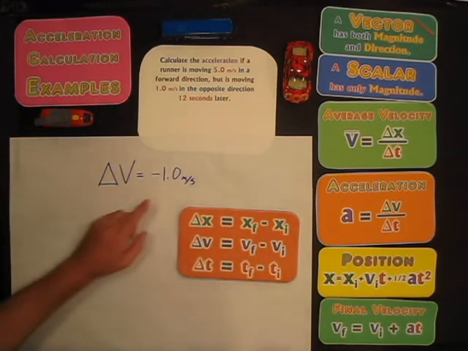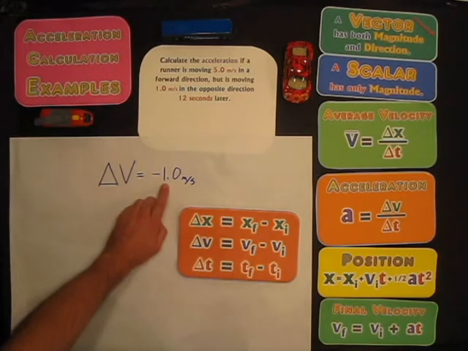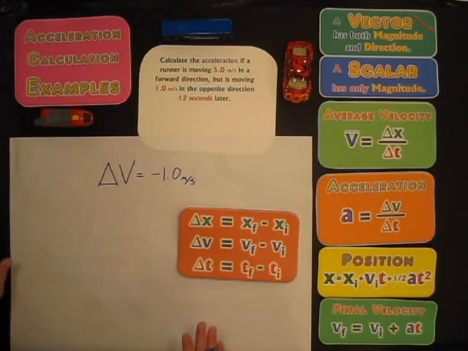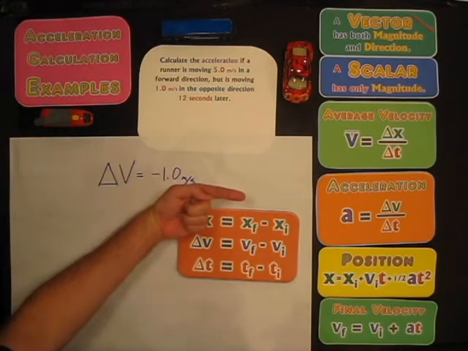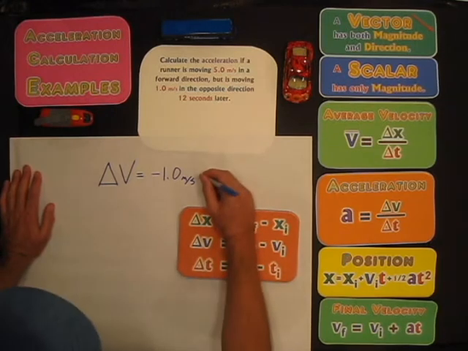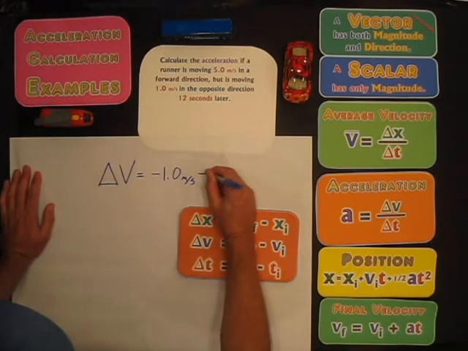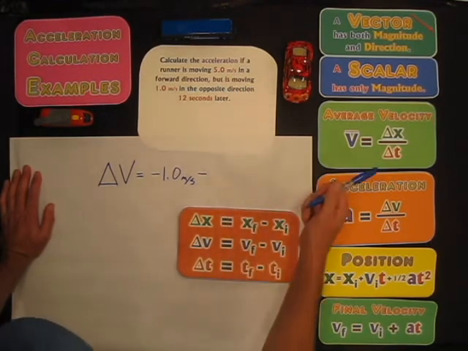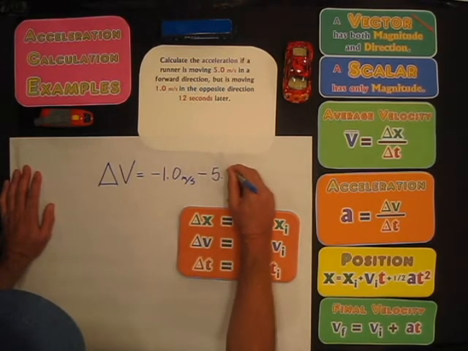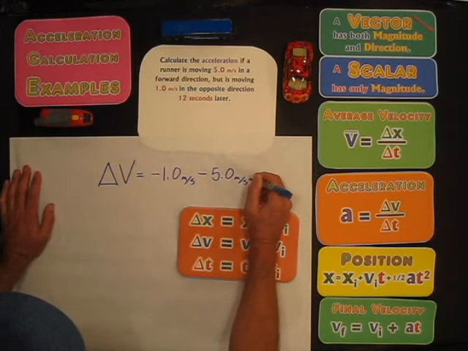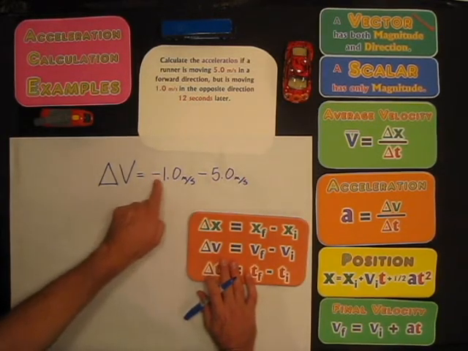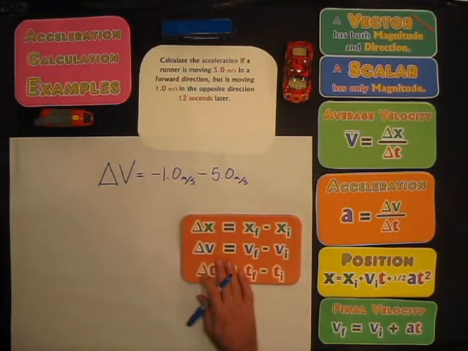You can definitely have negative velocities, because velocity is a vector. It depends on the direction it's going. If we define one way as positive, certainly the opposite direction would be negative. And then it's still minus the initial, the VI, which is 5.0 meters per second. Well, this is a negative and this is a negative. You could say a negative minus a positive, if you want to think about it that way.